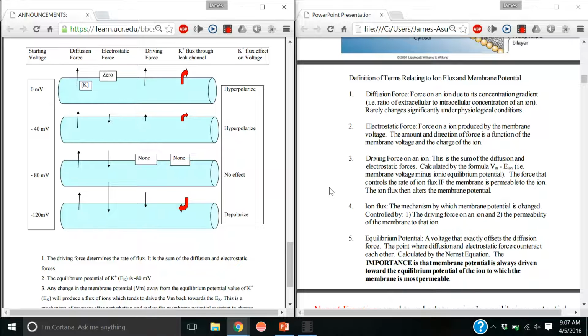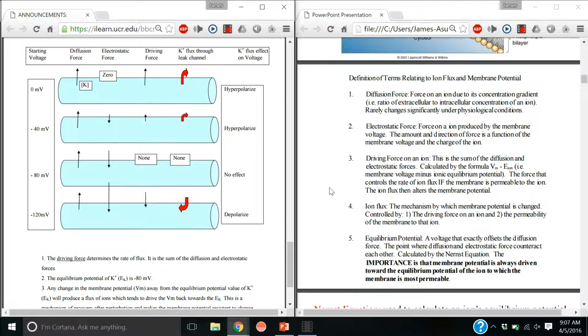The driving force on an ion is the sum of the diffusional and the electrostatic force. There is simple math for calculating the driving force. It's not just some construct, right? It's calculated by the formula: the membrane potential minus the equilibrium potential of the ion.